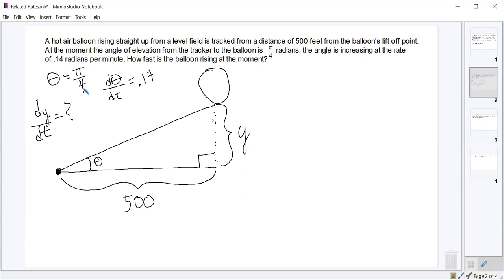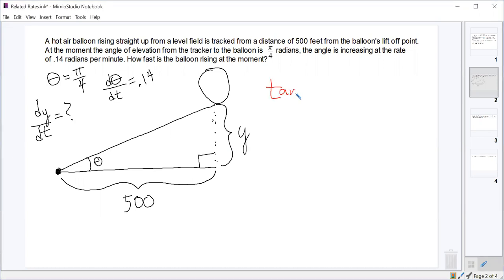All right. Now, how can I relate the three things that I have in my picture to each other? Is there an equation that I could use to relate them? You could use some trig with the angle and the opposite side, or the opposite side and the 500. Okay, so what trig? Tangent.